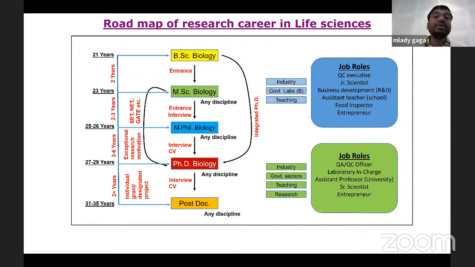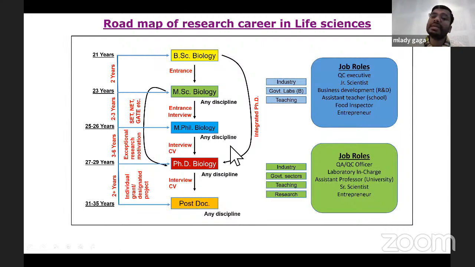Why? Because you are overqualified and you need to be paid a lot. So they don't want to give this type of job in general. Of course there are exceptions. If you are extraordinary, there is always an exception, but it doesn't happen very often today. So your options for industry get reduced when you do a PhD and postdoc.